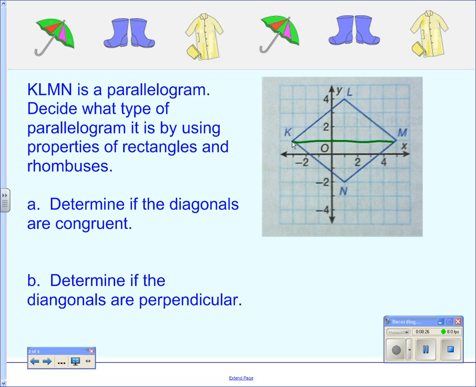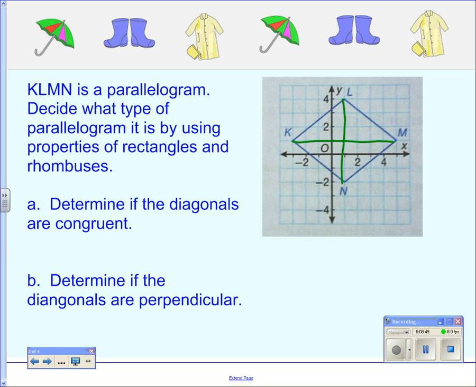That would be one diagonal, right? How long is it? It's 8. And then how long is that one? So are those congruent? No.